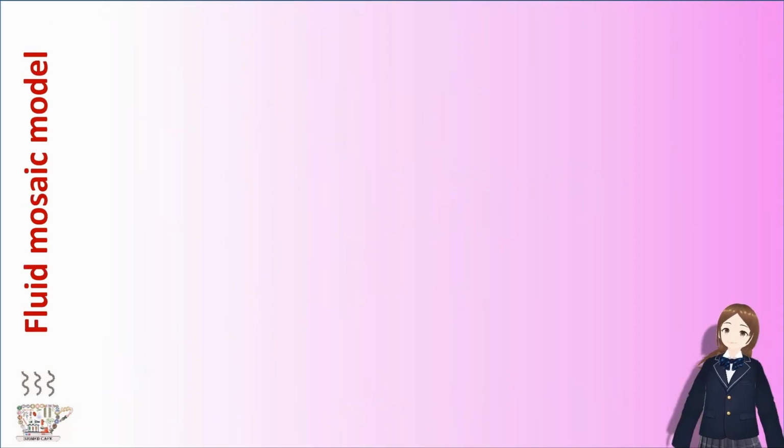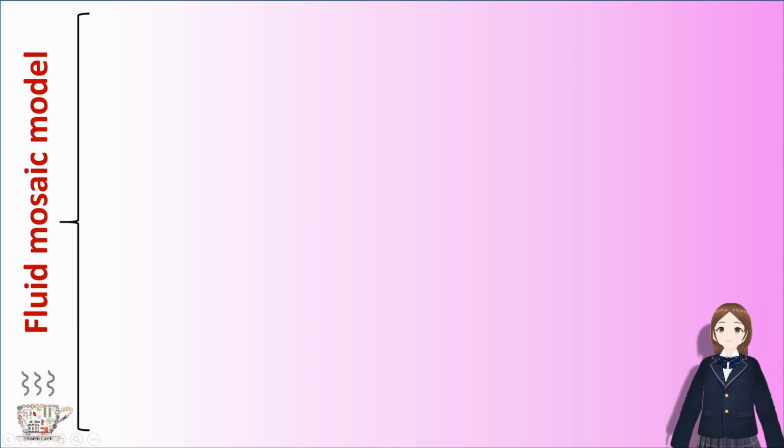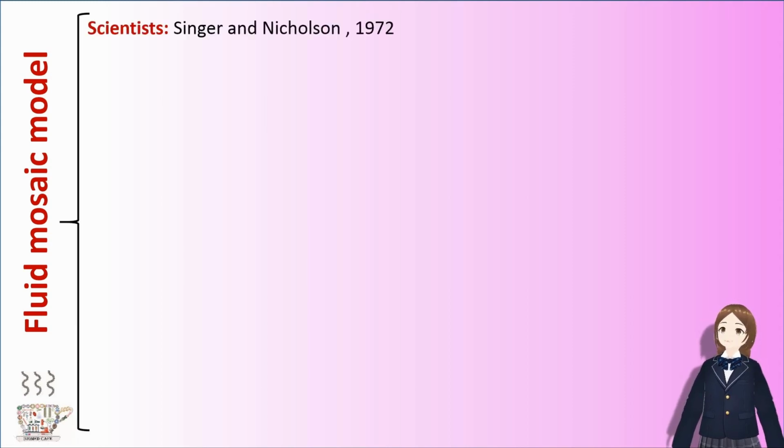The next model is the fluid mosaic model. The model was proposed by Singer and Nicolson in 1972. According to Singer and Nicolson, the cell membrane is composed of lipids and protein molecules.